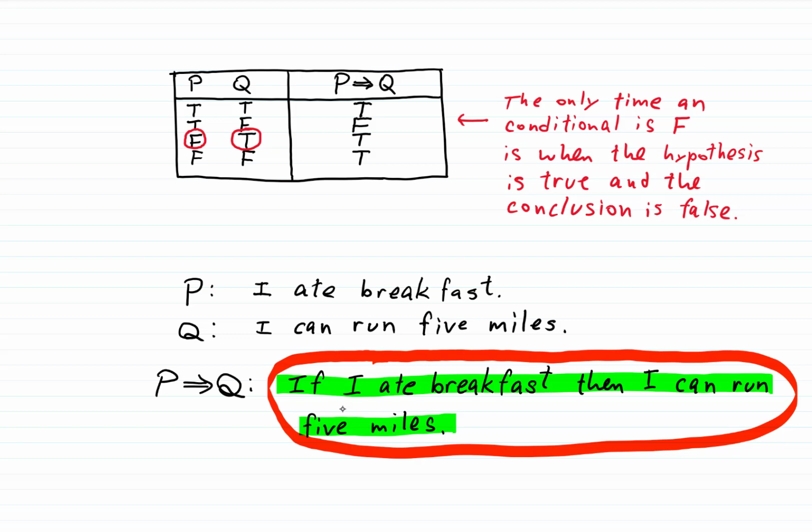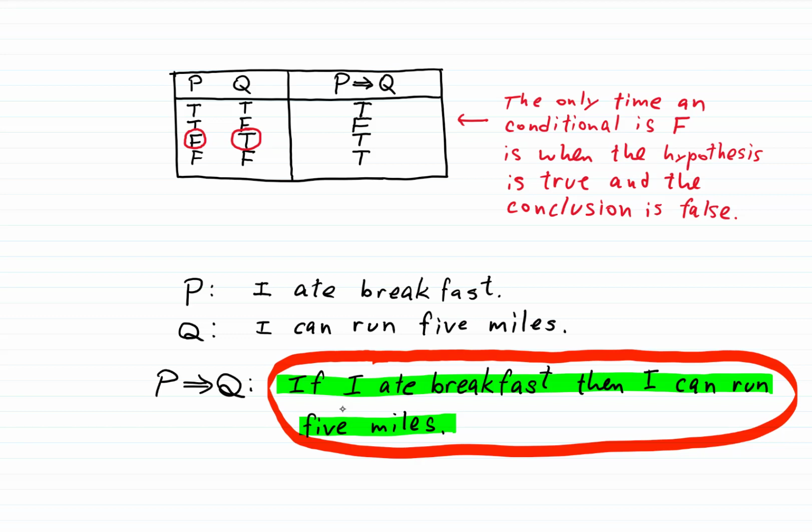Okay? So you see me get out of bed and not eat breakfast. And then you see me run 5 miles. Can you claim that that green sentence is a lie? The answer is no, you can't, right?